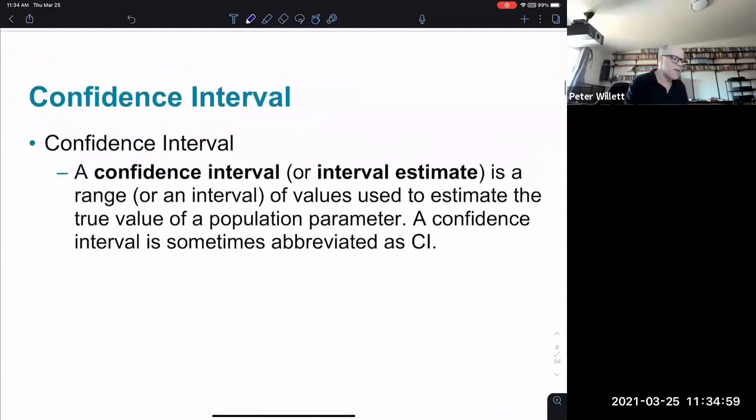Now we get to the meat. Confidence interval. This is crucial. A confidence interval, or interval estimate, instead of a point estimate, is a range or an interval of values used to estimate the true value of a population parameter. A confidence interval is sometimes abbreviated as CI, as opposed to confidential informant, if you watch cop shows.